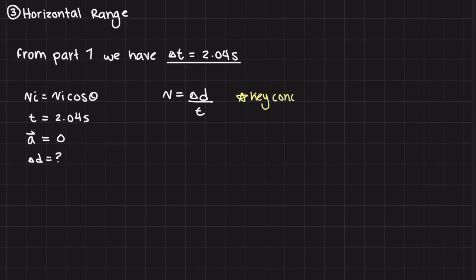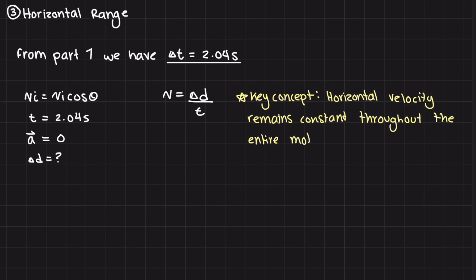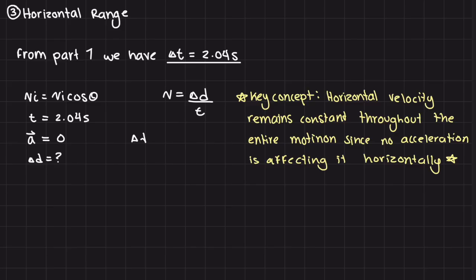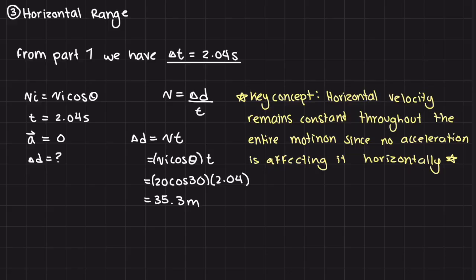So we can take this very elementary equation and remember that horizontal velocity remains constant throughout the entire motion, since there is no acceleration acting on the horizontal components. Now we can rearrange for displacement and just solve by subbing in our already known values. And with that, we get our answer for the range, which is 35.3 meters.